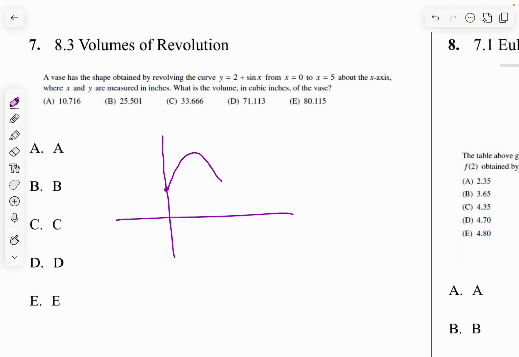And since we've shifted it up 2, it's probably going to come down and just touch the x-axis, right? So from 0 to 5, a cycle is 2 pi, so that would be like 2 pi. 5 would be probably around here-ish. So in any case, we're rotating that around the x-axis.